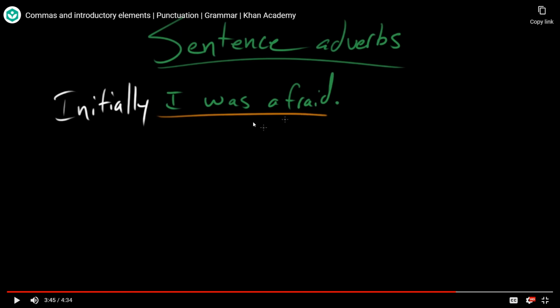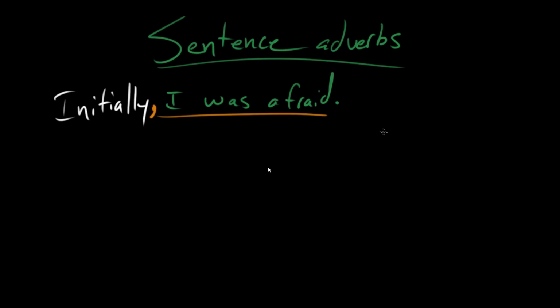So at first. So that kind of modifies or changes the sentence. We're going to put a comma here to separate it from the rest of that expression. That's why we call it a sentence adverb. Because this is not the same as saying I was initially afraid. This is kind of, like you said, modifying the entire expression.